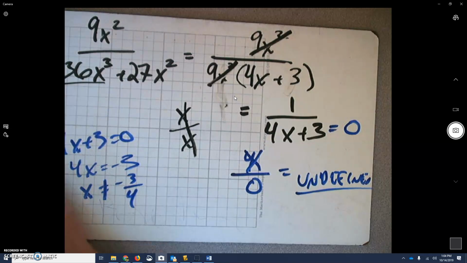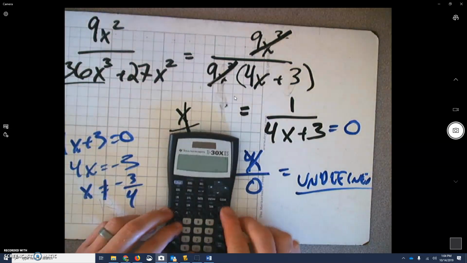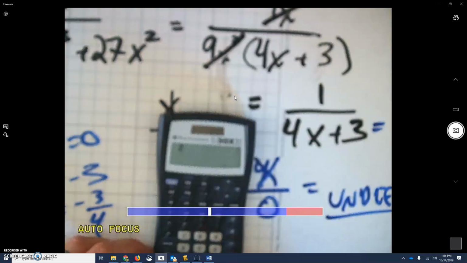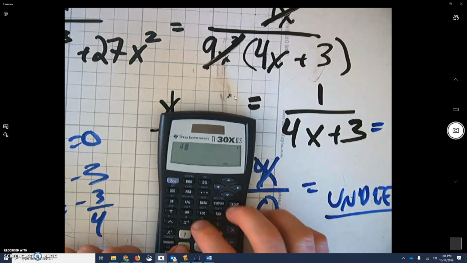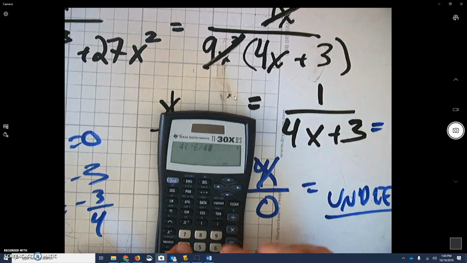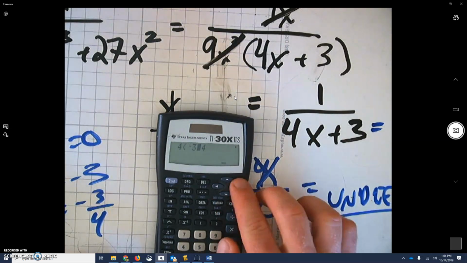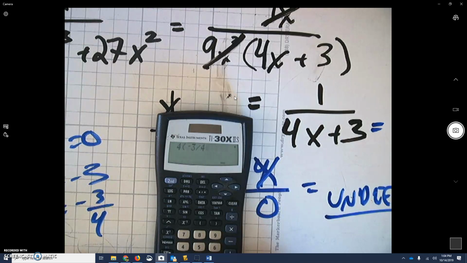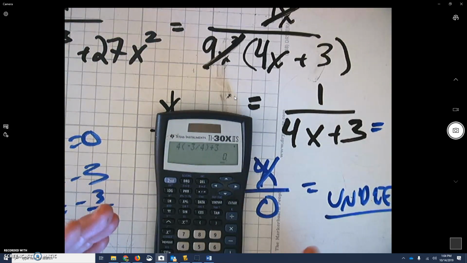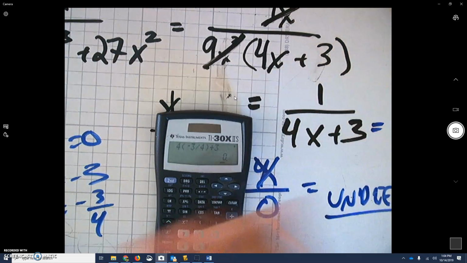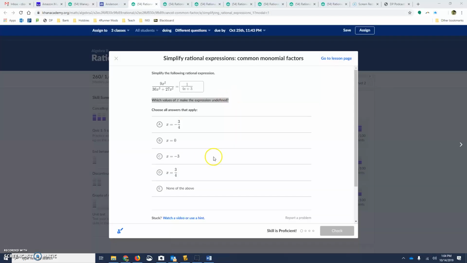If we check, 4 times negative 3/4 is negative 3, plus 3, we get 0. So if we put negative 3/4 into our equation, we'll get a 0 in the denominator, which means our equation is undefined. So we cannot have a negative 3/4.